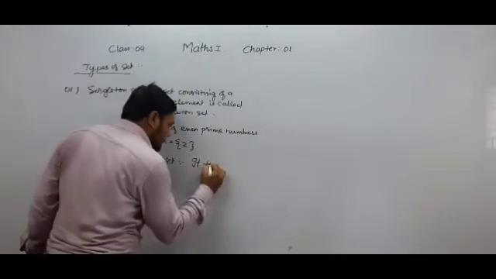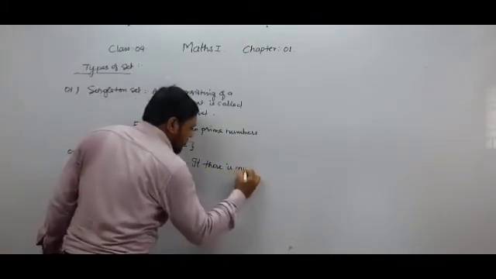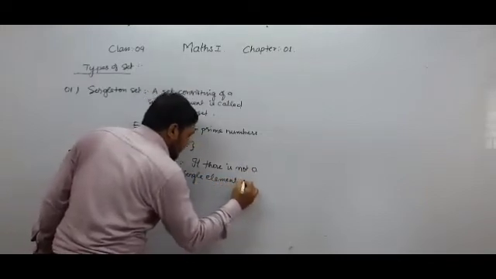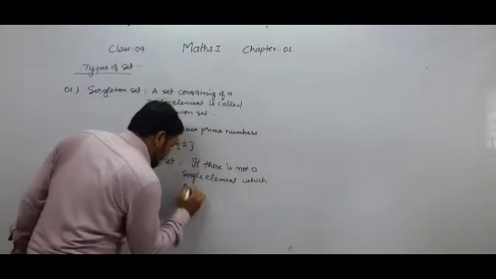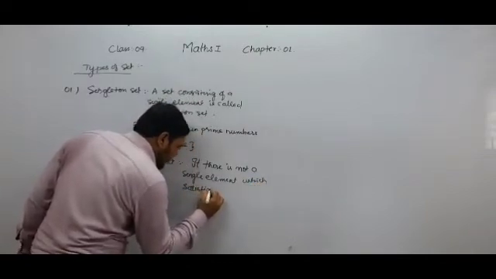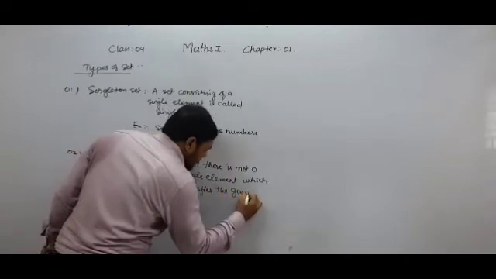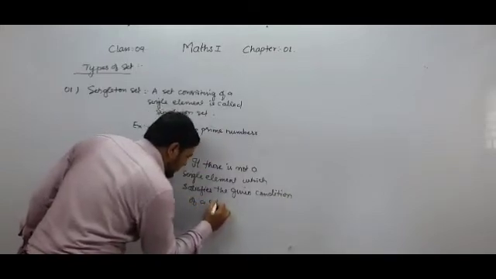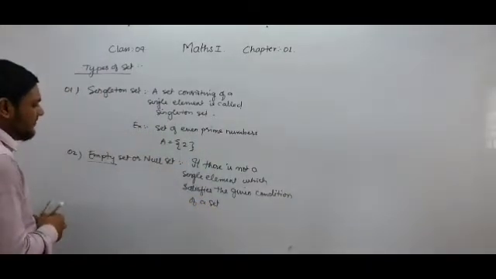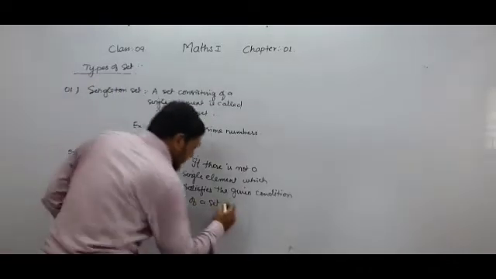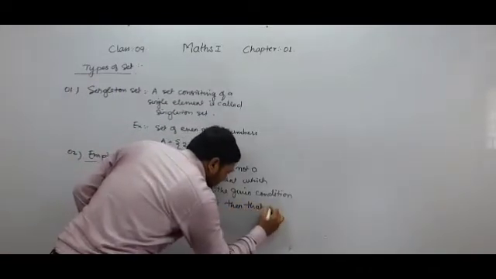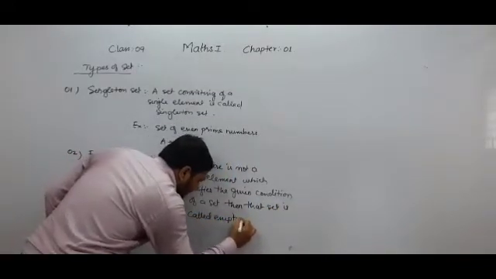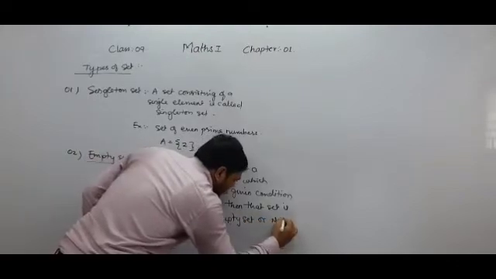So if there is not a single element which satisfies the given condition of a set, then that set is called empty set or null set.